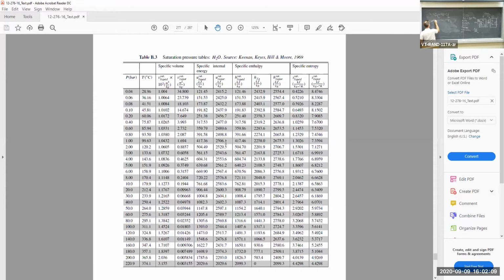Kilojoule per kilogram. You crank that all out, and you see an initial specific internal energy at state 1 equal to 940 kilojoules per kilogram.